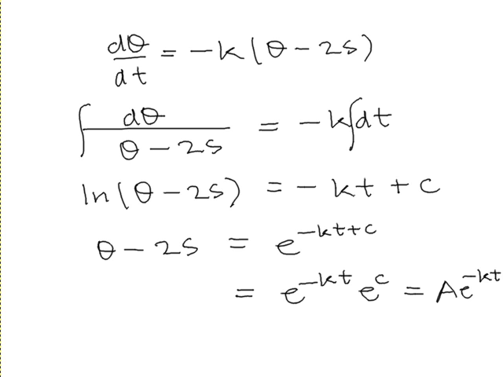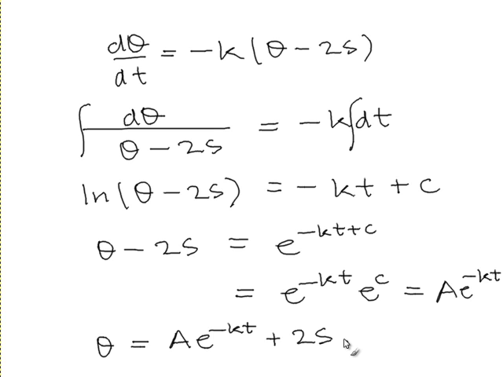That's a simple manipulation, and following that, I can add 25 to both sides of the equation, giving θ equals A e to the minus kt plus 25, as required. Again, we're assuming that everything is in degrees C.